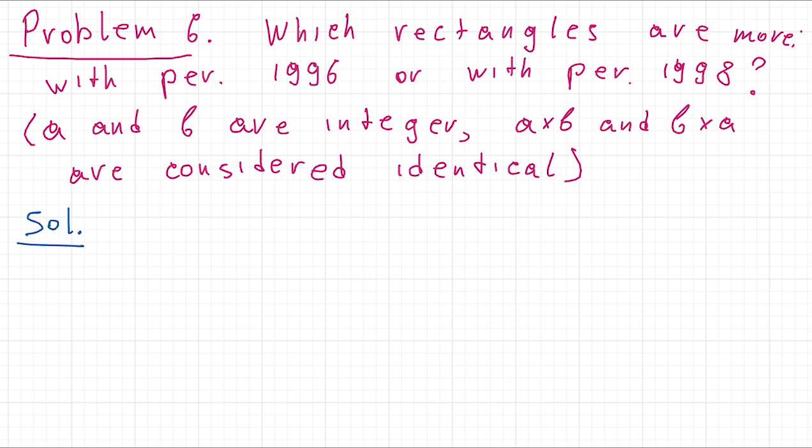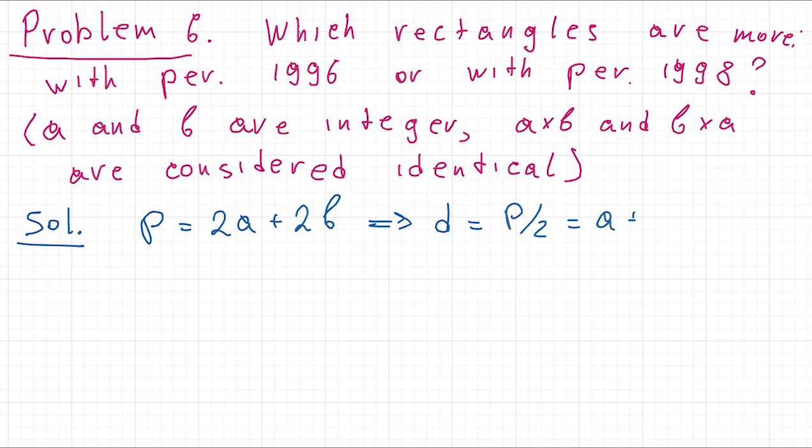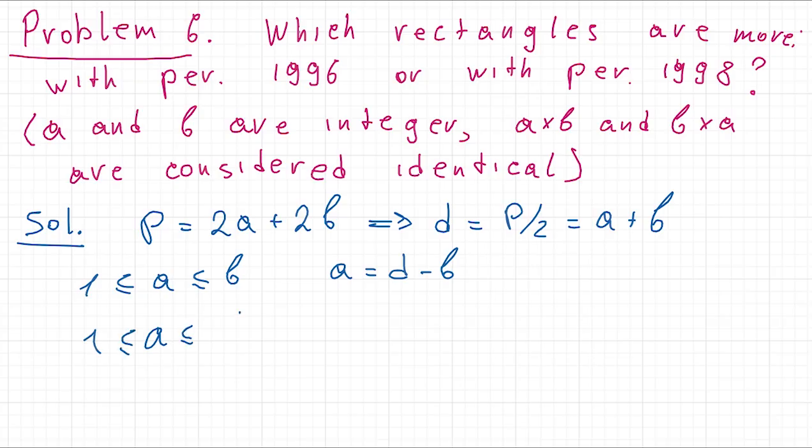For a rectangle with sides A, B, the perimeter is P equal to 2A plus 2B. Let D equal P divided by 2 be the semi-perimeter. Then A plus B is equal to D, with A from 1 to B. The number of distinct rectangles equals the number of integers A from 1 to D divided by 2.